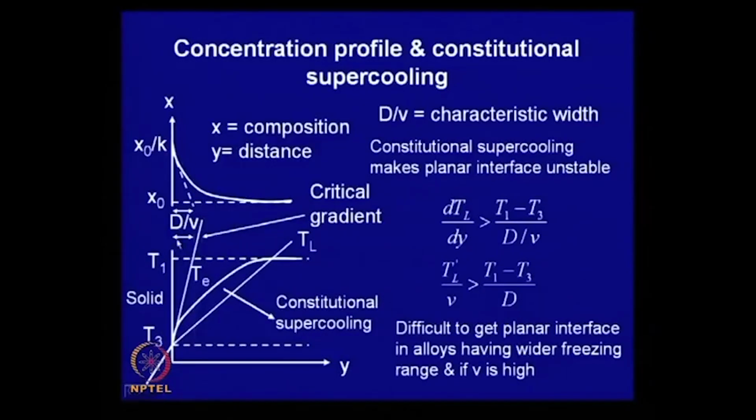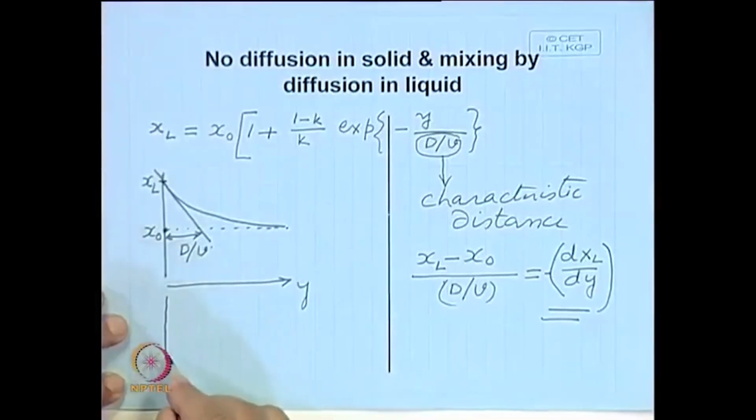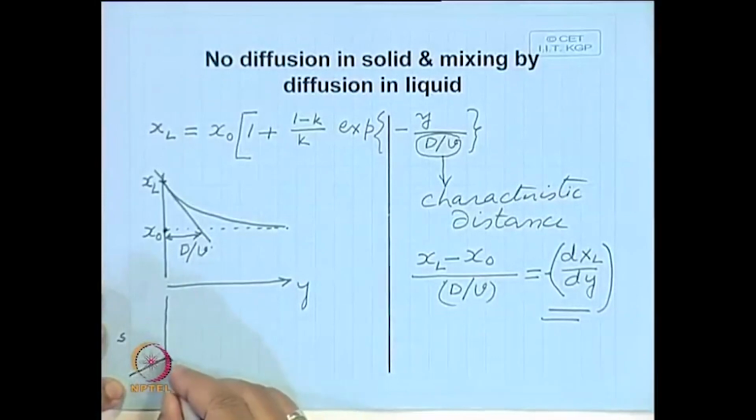And now let us look side by side at how the temperature plot would look. If you plot the temperature here, this side is solid and the solid is cooler. So, this is the temperature of the solid liquid interface under steady state growth, steady state movement of this interface.